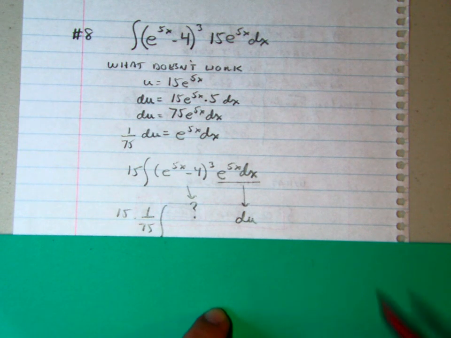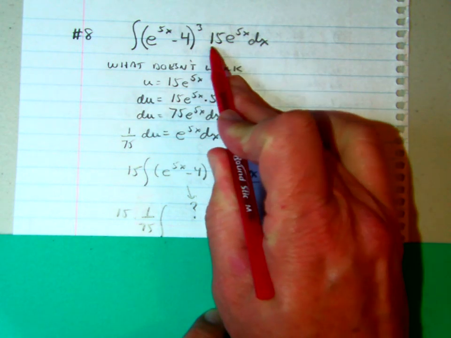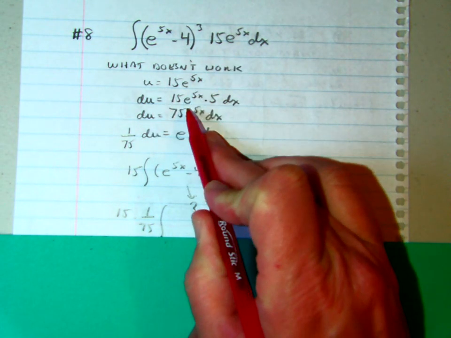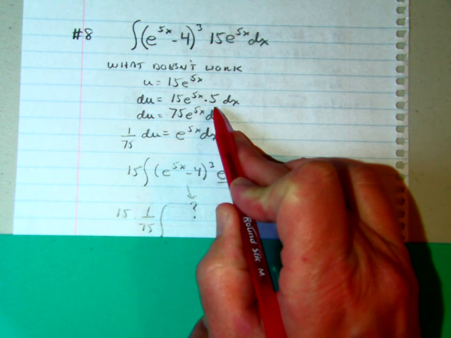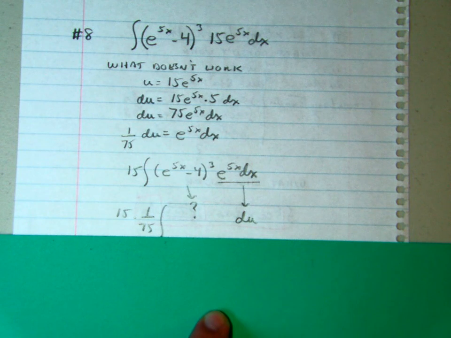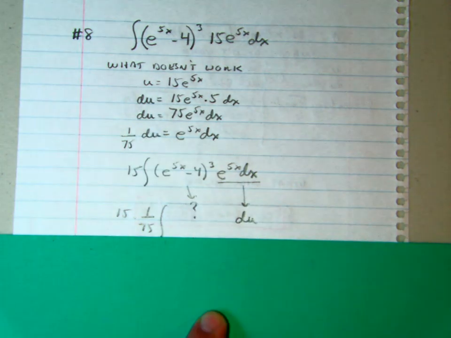One thing to try would be, what if we let u be this 15e to the 5x? That makes du 15e to the 5x times 5. The 5 times 15 is 75. As we know from having done a lot of these problems, usually it's in our best interest to get that over here. So we'll divide through by the 75 to get 1/75 du equal to e to the 5x dx.